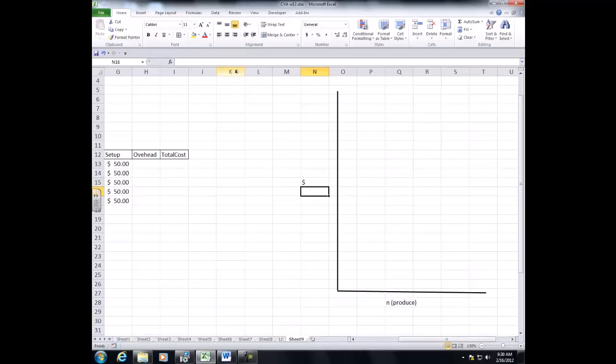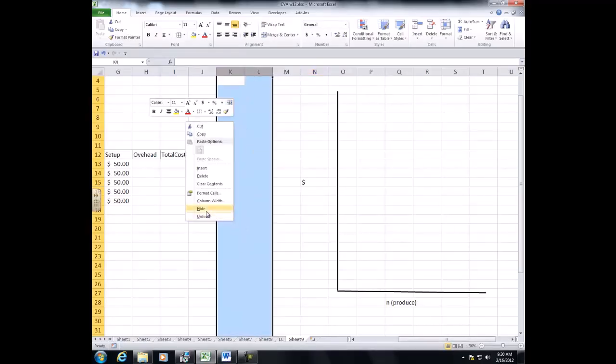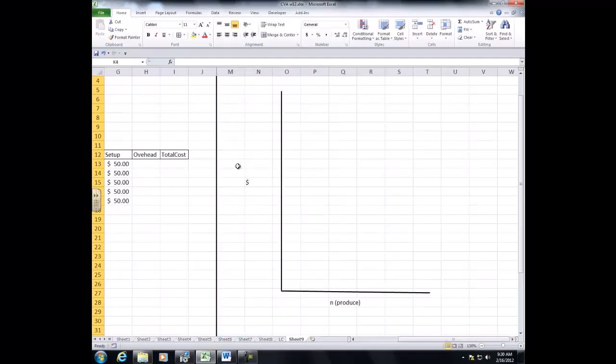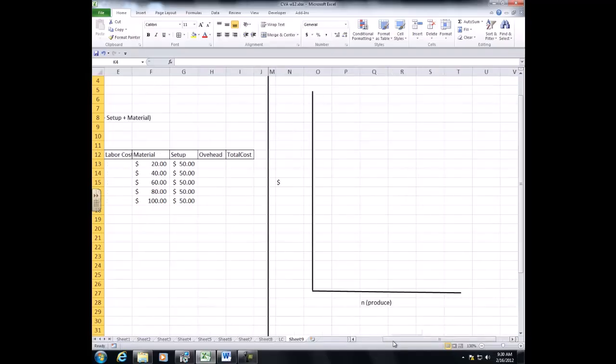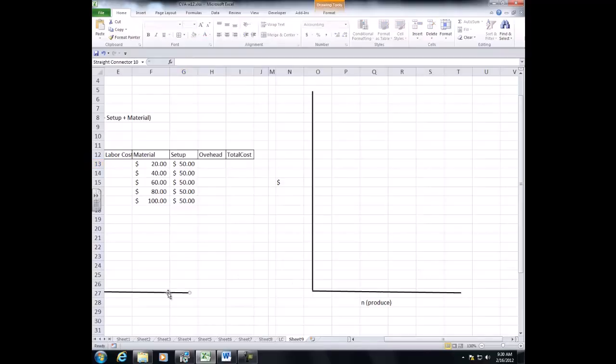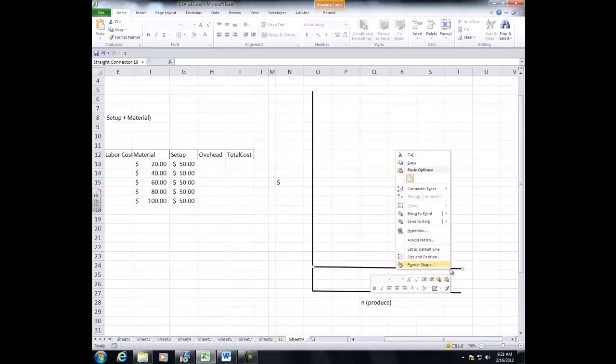If we were to graph the total, starting with the setup cost here, how would we represent the setup cost on this graph? It's a fixed cost, right? So it has to be a straight horizontal line, like this.